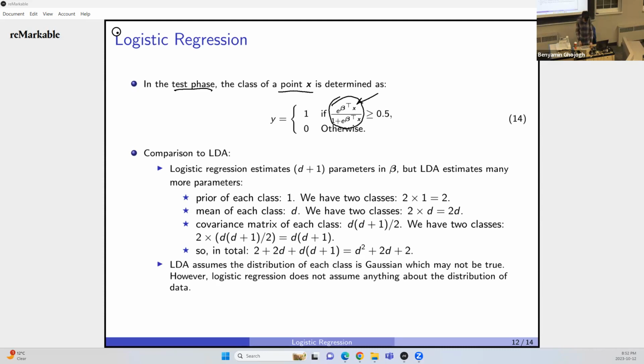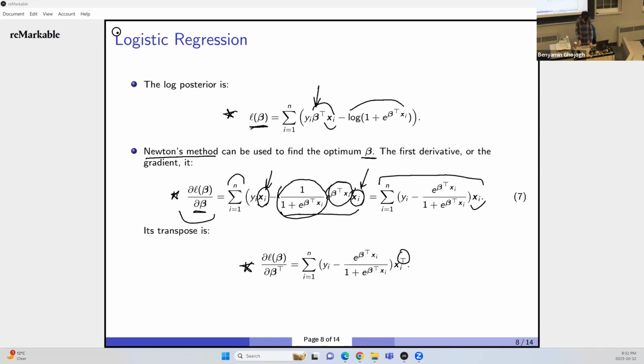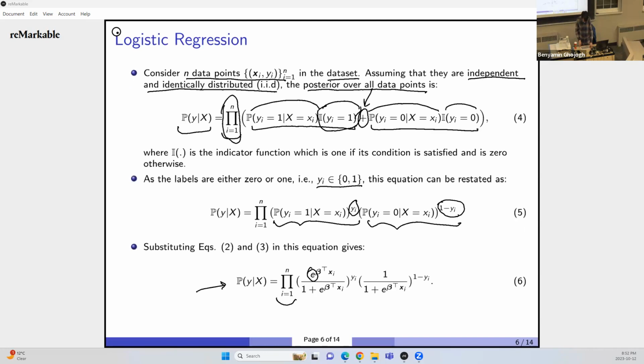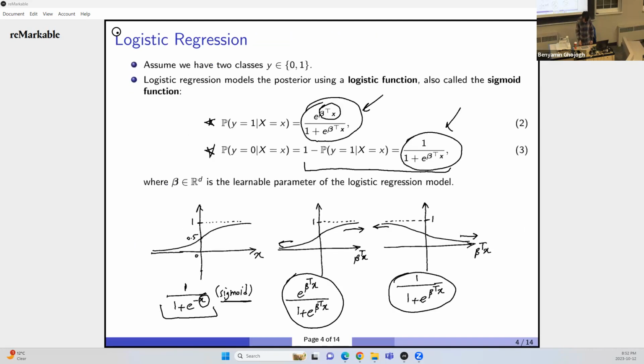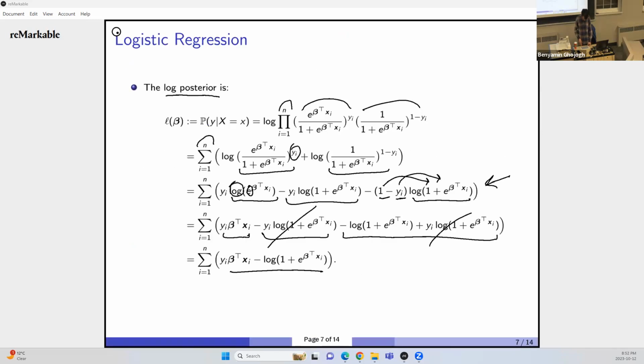We used it for which class? E to the beta x over 1 plus e to the beta x. We should go back, and we saw that we use this for class 1. So if this is greater than half, its estimated class is 1. Otherwise, it's class 0. Agree? Interesting.